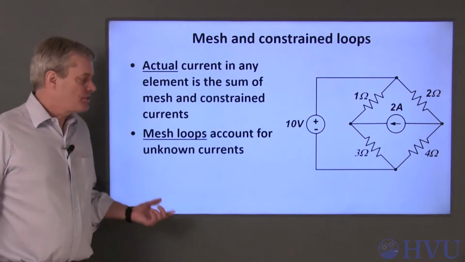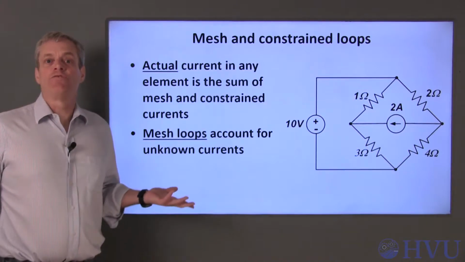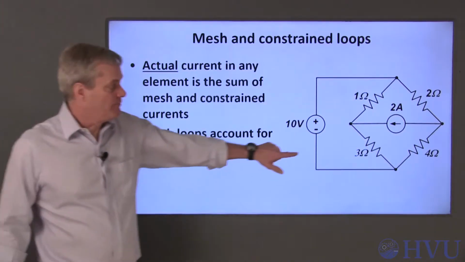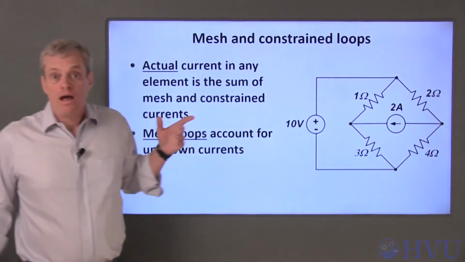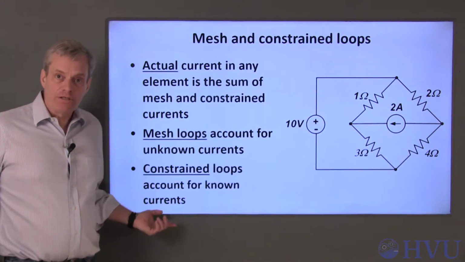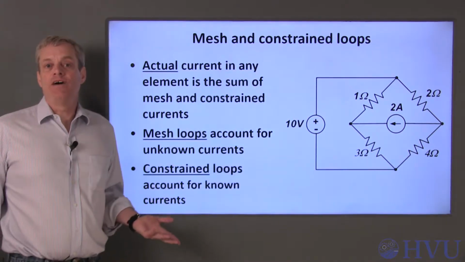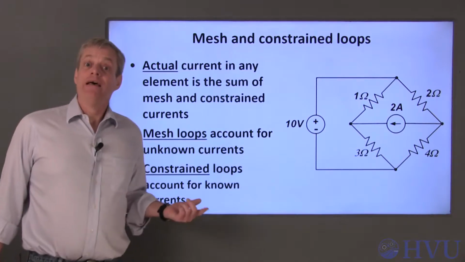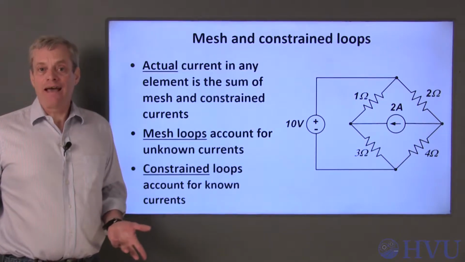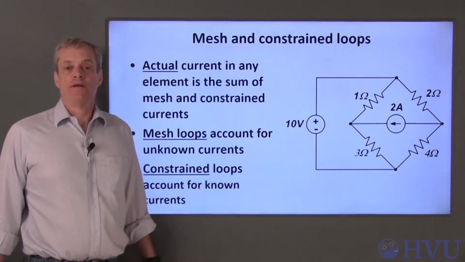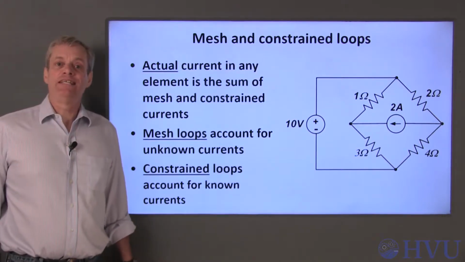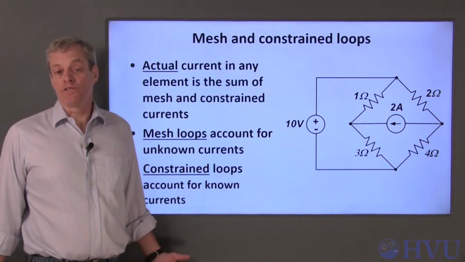The mesh currents are our unknowns. They're used to find the currents through the resistors and the voltage sources. We know the current through any current source, so we don't need to define those currents as unknowns. These currents are most easily accounted for by constrained loops. The rest of this video will provide details on how to choose the mesh and constrained currents.